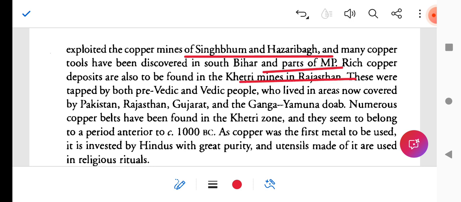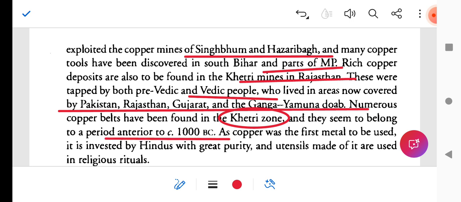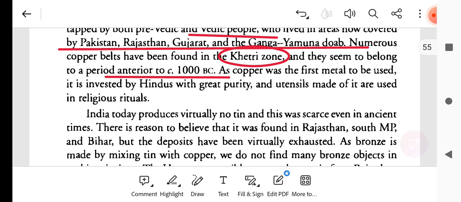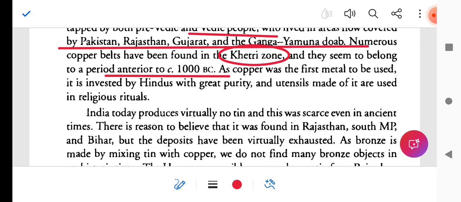These were tapped by both pre-Vedic and Vedic people who lived in areas now covered by Pakistan, Rajasthan, Gujarat, and the Ganga Yamuna Doab. Numerous copper belts have been found in the Khetri zone of Rajasthan, and they seem to belong to a period anterior to 1000 BC, around the Iron Age.